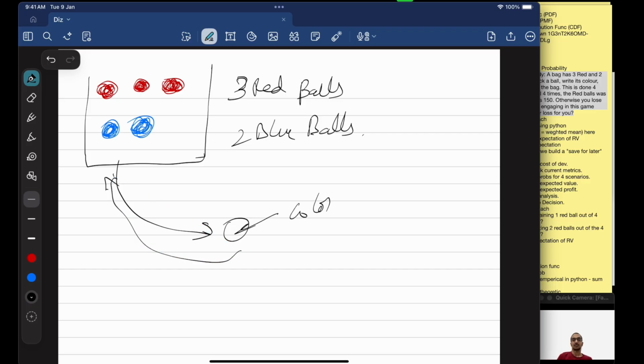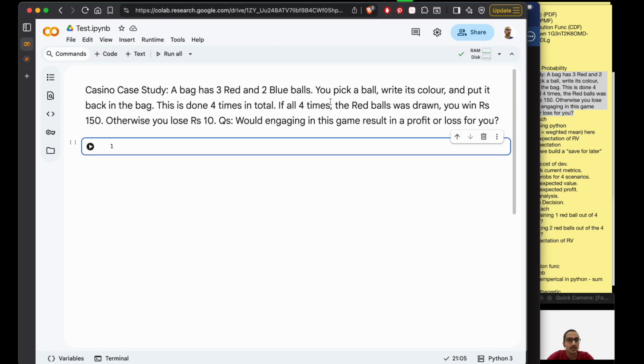If you've gone through the previous classes of combinatorics, we know what this process is, right? It's called replacement, or repetition. And this is done 4 times. So the experiment here is picking the ball 4 times.